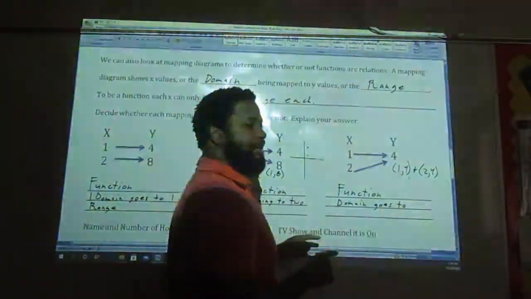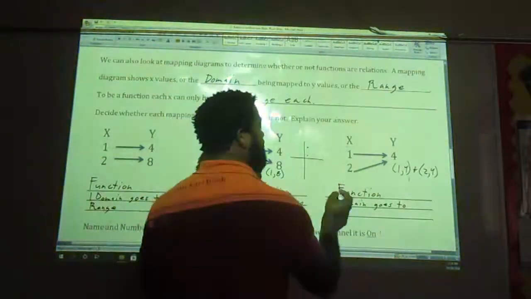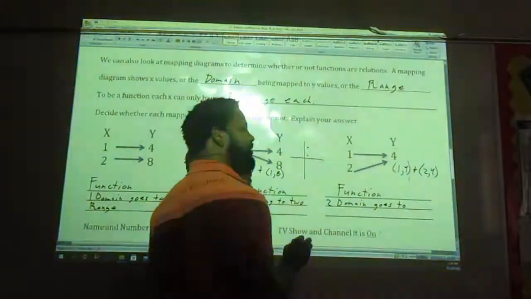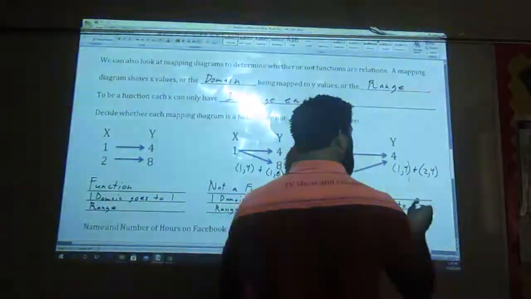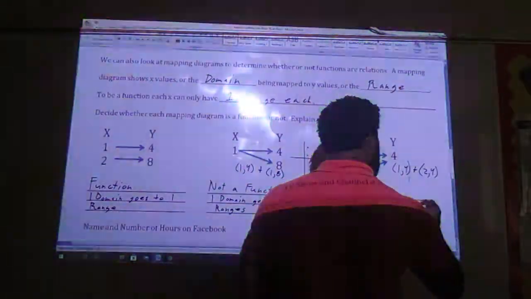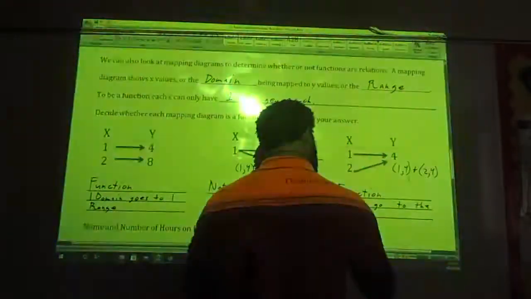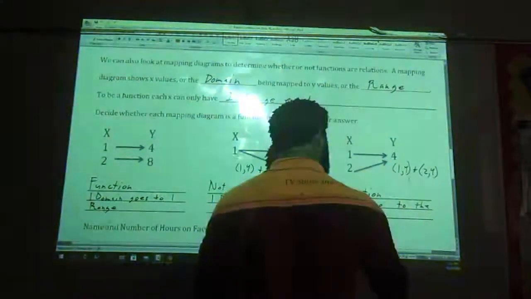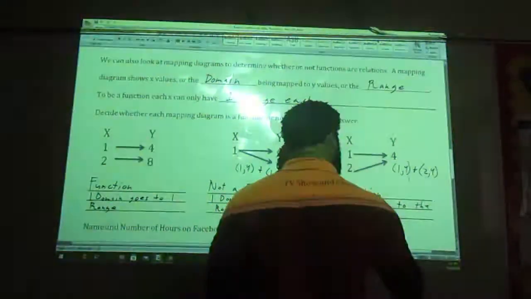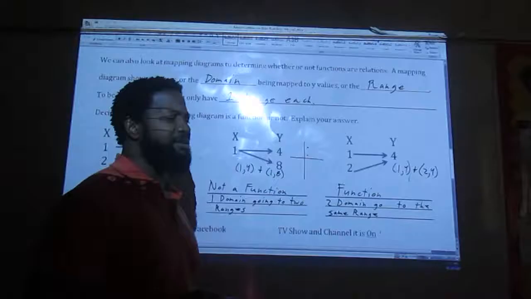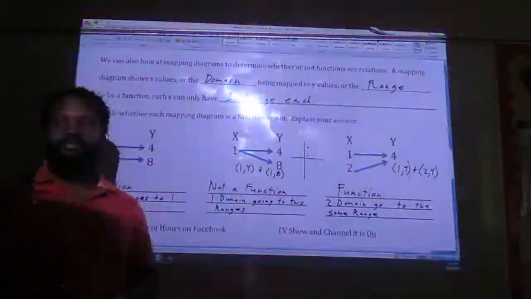So instead of one, say two domains going to the same range.